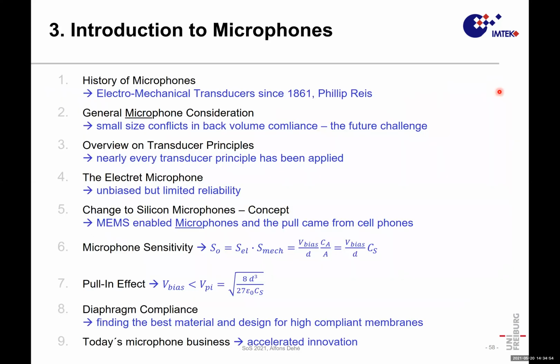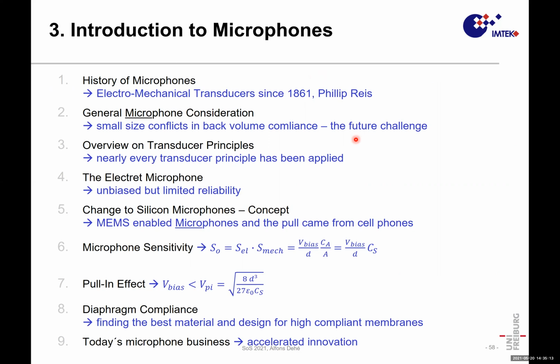Yeah, with this, I come to the end of the lecture today. I'm giving you an insight into historical developments of microphones, the general idea of transducing sound with a diaphragm and a referenced volume.